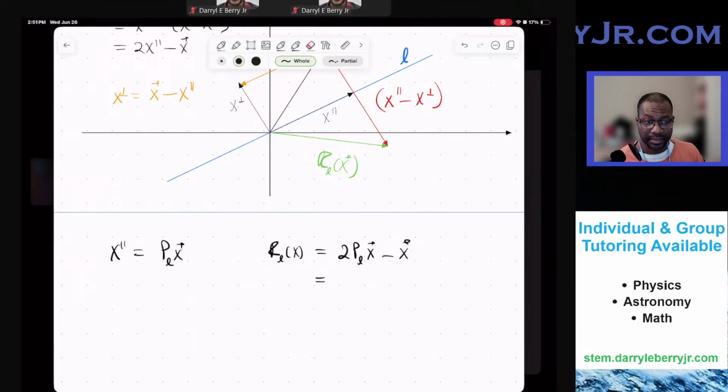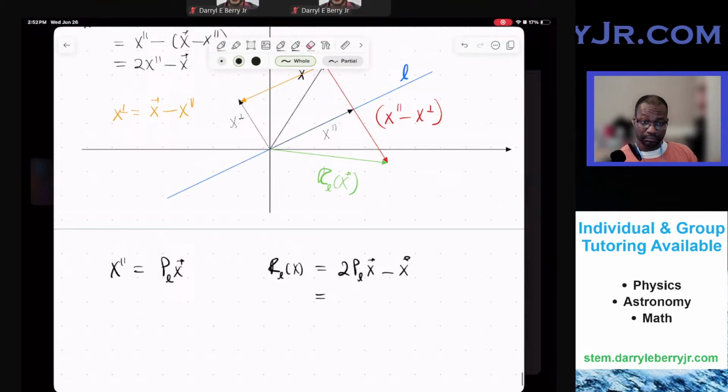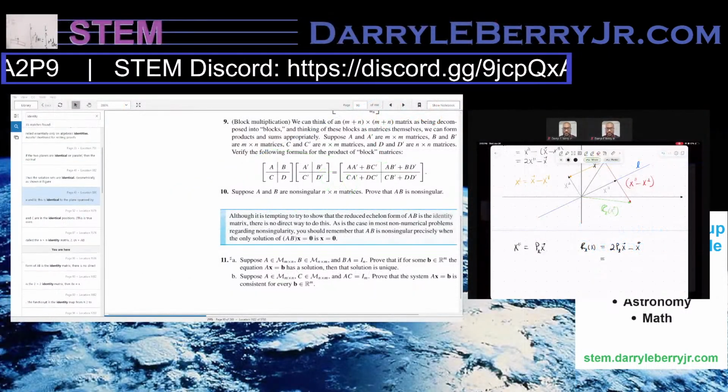A times C is the identity matrix. I believe I remember seeing it.